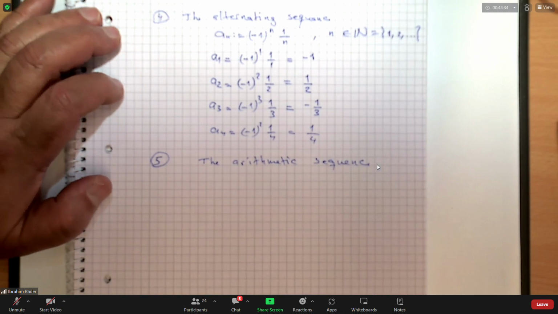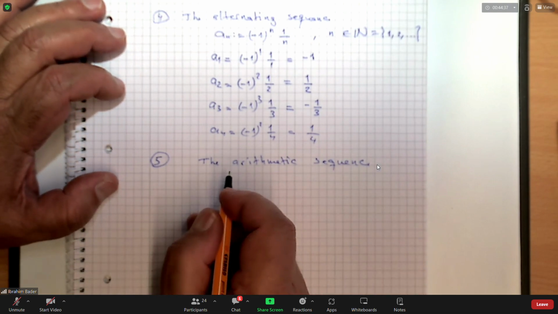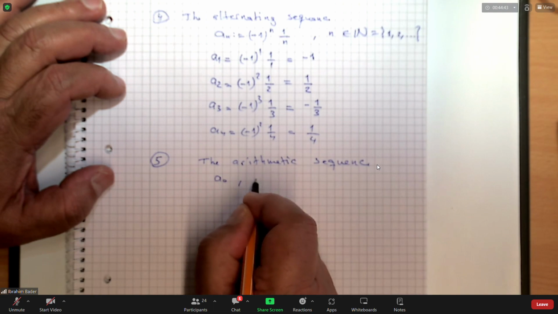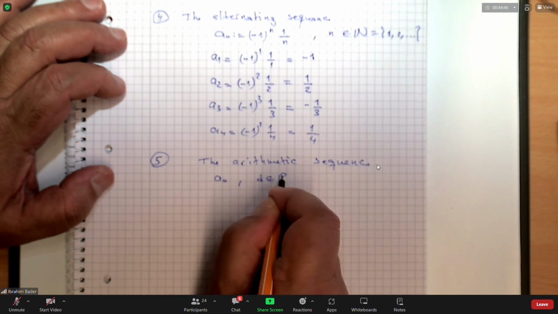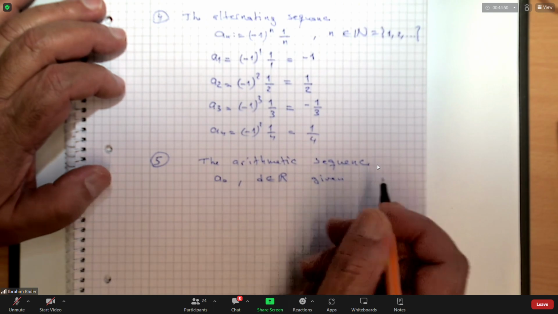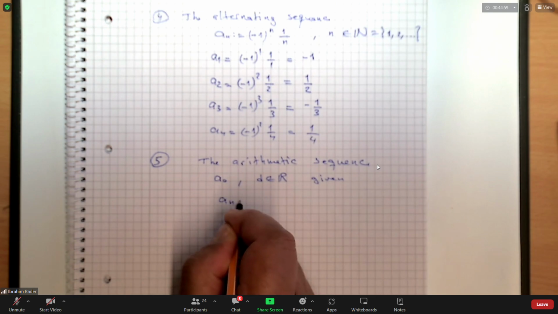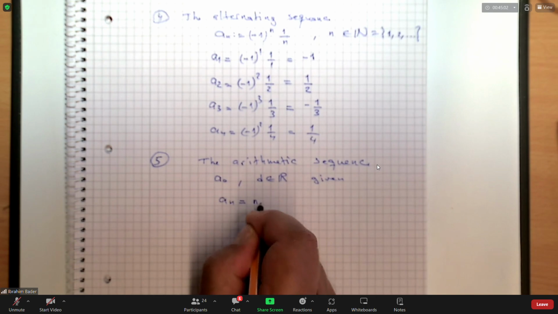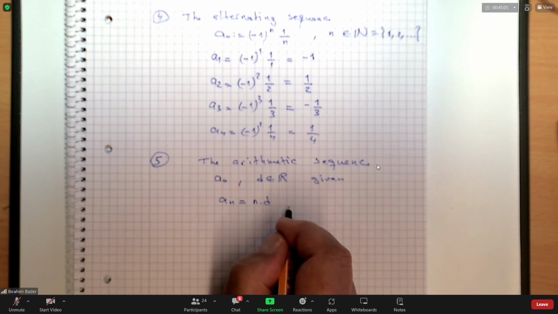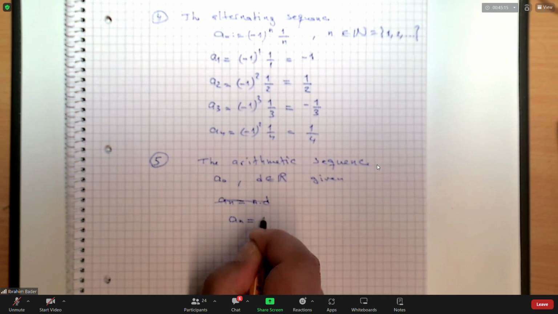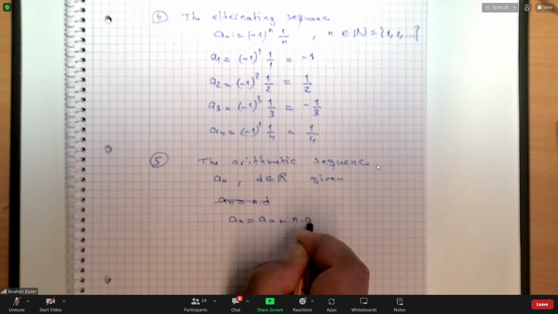Here, given usually the first element A0 and a constant D, A_n is defined as, maybe I just write it the other way around, A0 plus n times D.